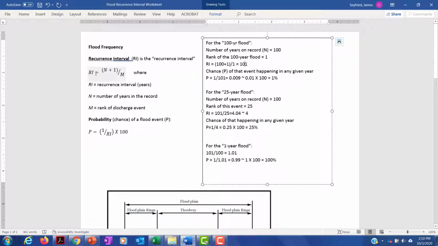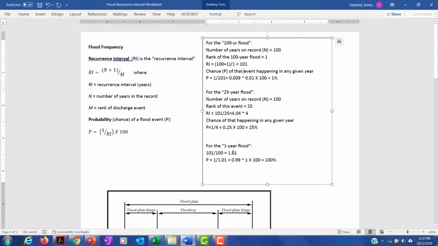Okay, that's its recurrence interval, every 101 years. The 1 is there for statistical purposes, let's say. The chance then of this event happening is 1 over 101, 0.099, or 1%.